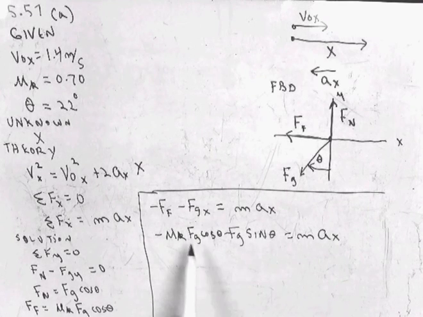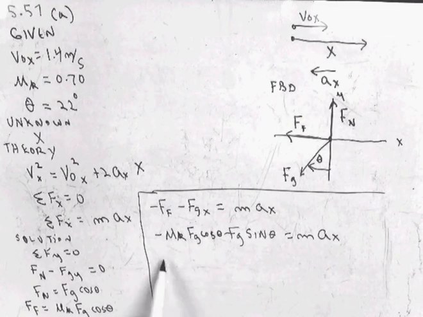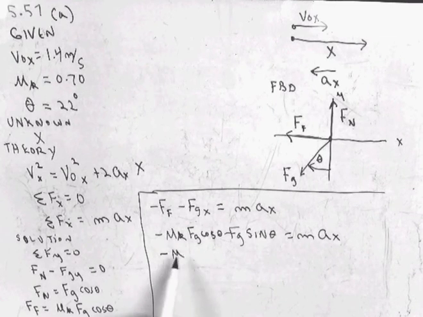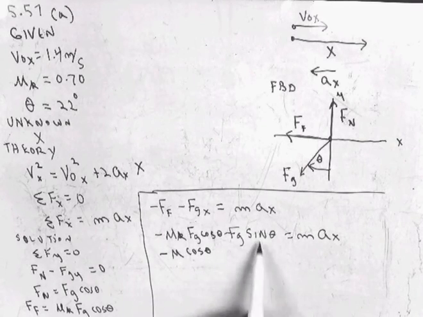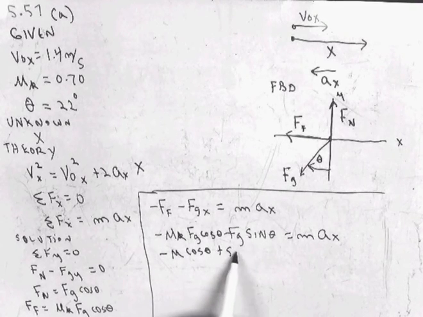Of course, we can make Fg mg. And so if you factor that out, this is minus mu cosine theta plus sine theta.